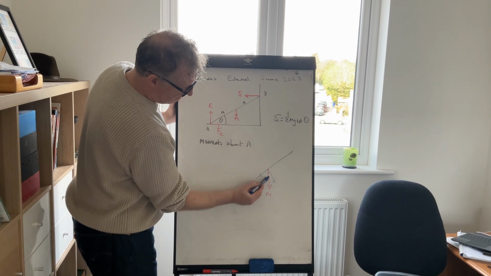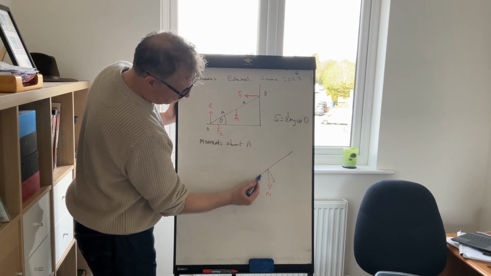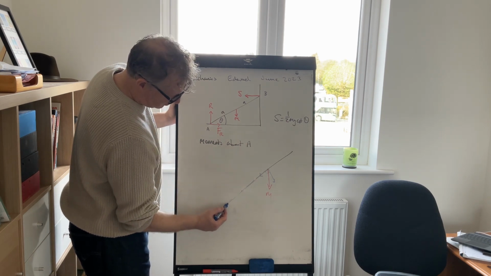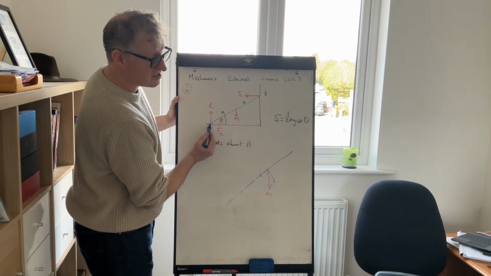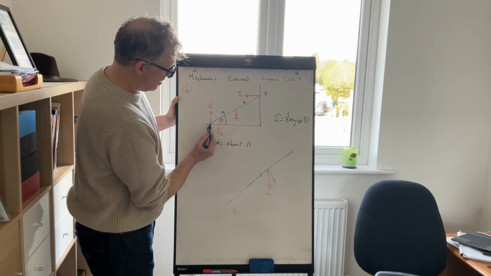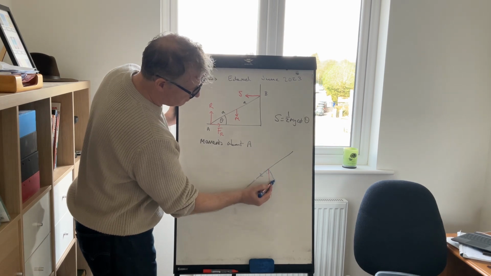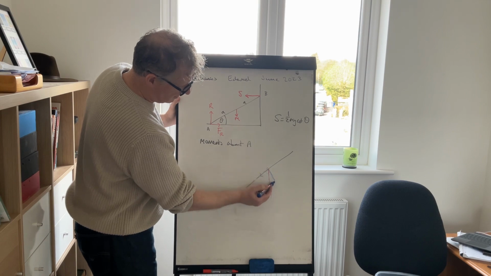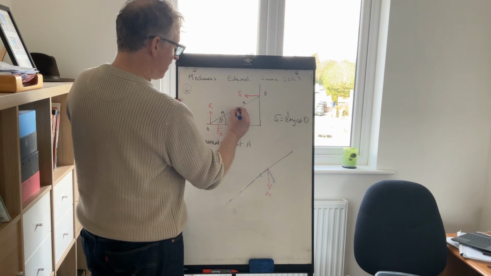The reason we do that is because then this force can be ignored because its line of direction goes through A. So when you resolve it down there, it goes through A, so the distance its line of direction is away from the point is zero, it causes no moment. So it's just that force there that then causes the moment. And because it's a nice right angle, we can just go, oh, it's that force times that length. So we're going to resolve that m down that way.